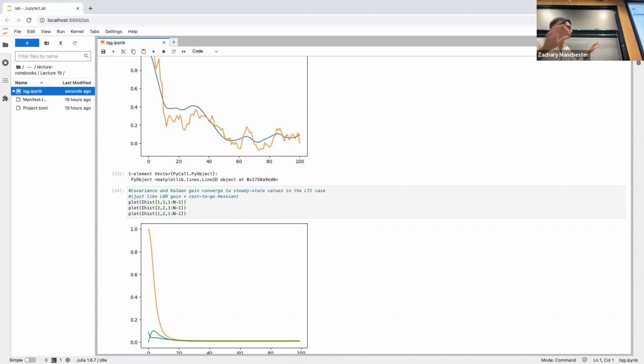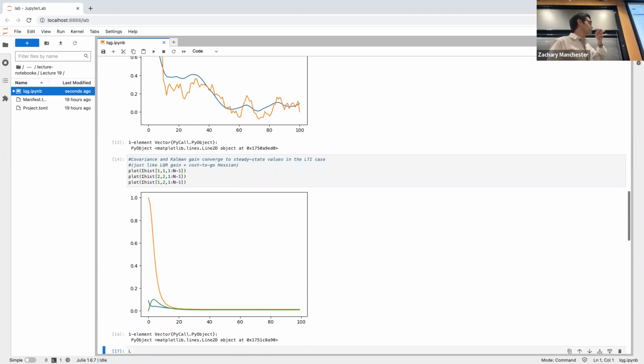We're going to talk about this in a sec, this is foreshadowing. This looks extremely like the LQR problem. Just like the cost to go Hessian and the gain converge to constants in the LTI setting, there's an infinite horizon value. The same thing happens here. There's an infinite horizon value for the Kalman gain that it'll converge to in forward time, now instead of backward time.